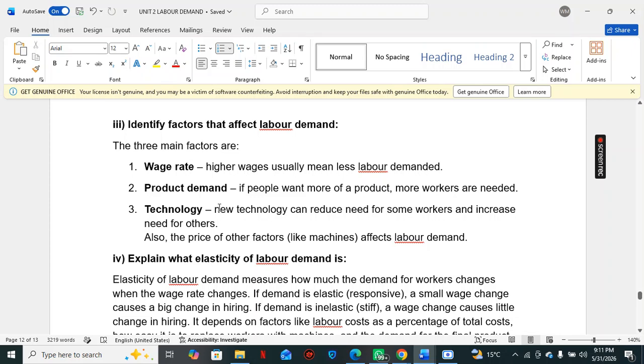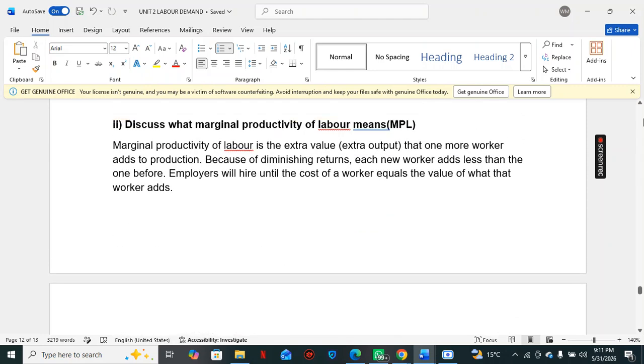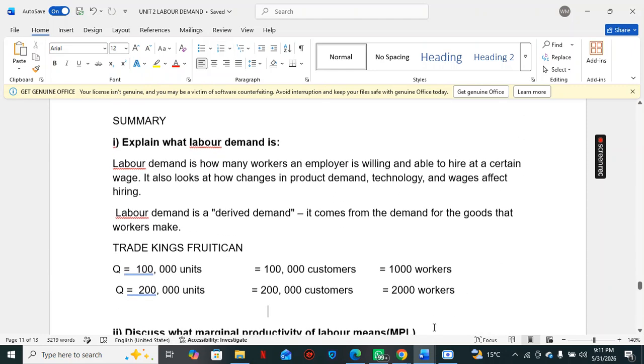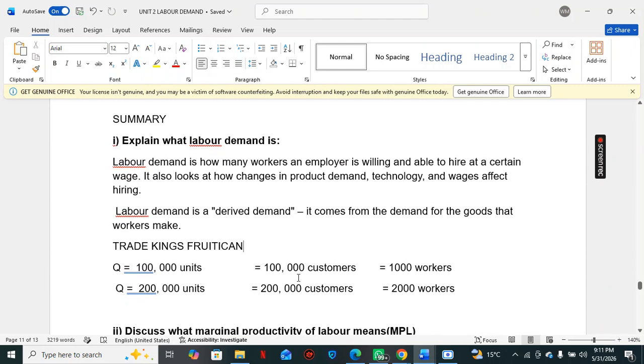Now, for example, in this example of Fruticana, if Trade Kings can buy machinery that can do the work of an extra 1,000 workers, they can still keep these 1,000 workers. Demand grows, they just buy that machine, and they still remain with 1,000 workers.